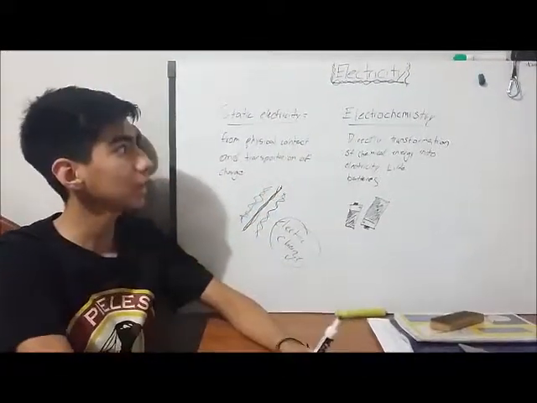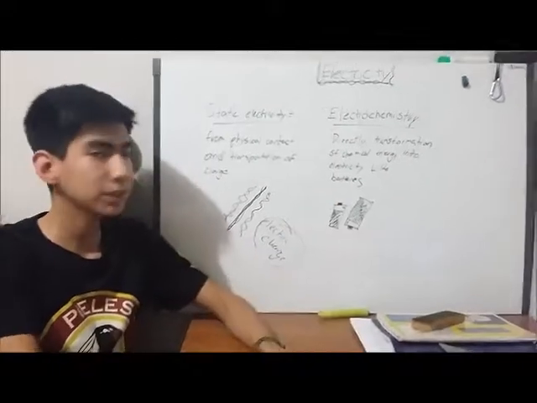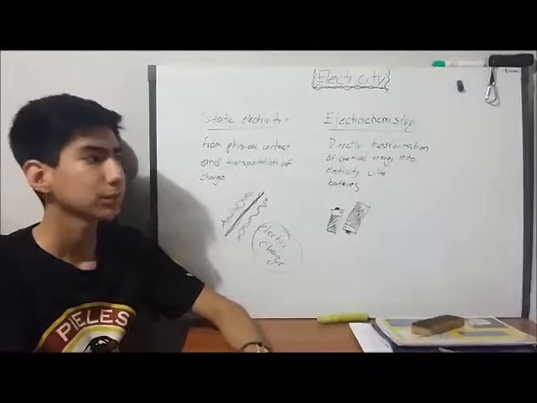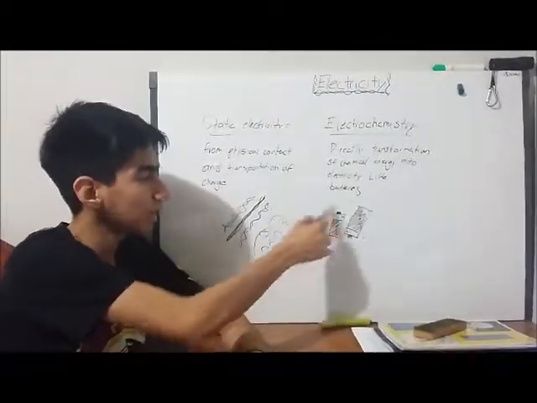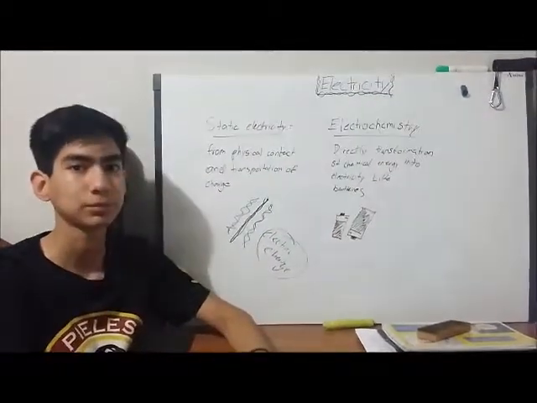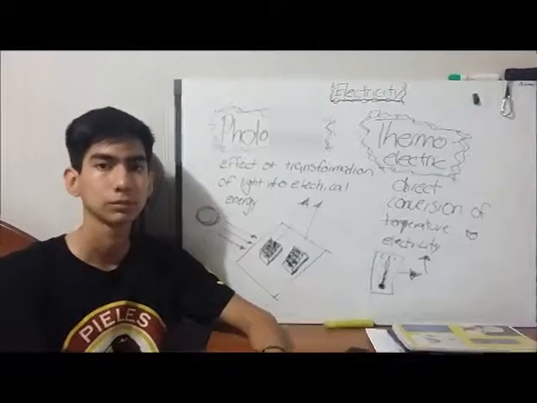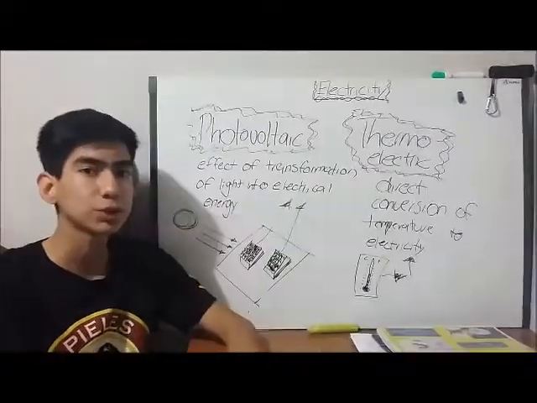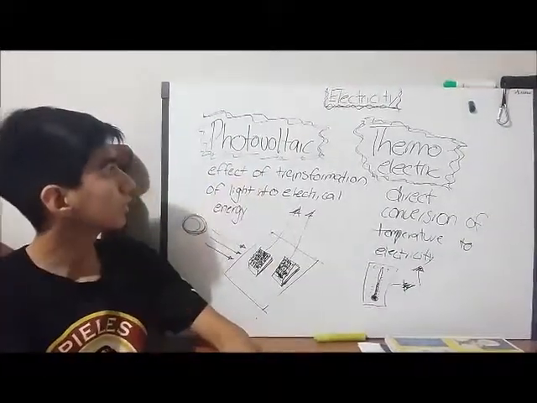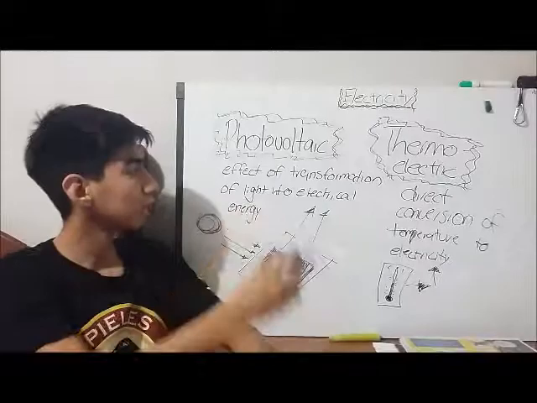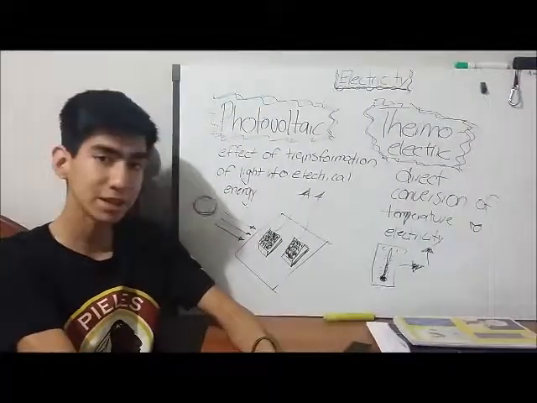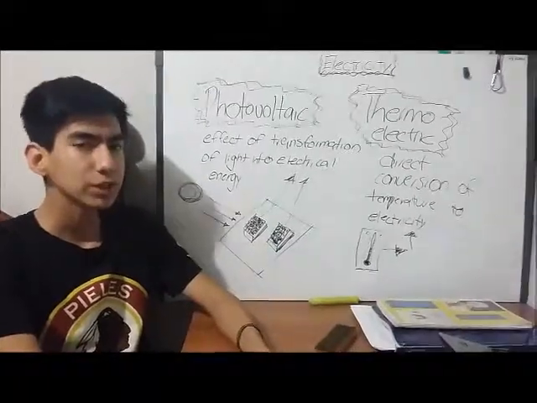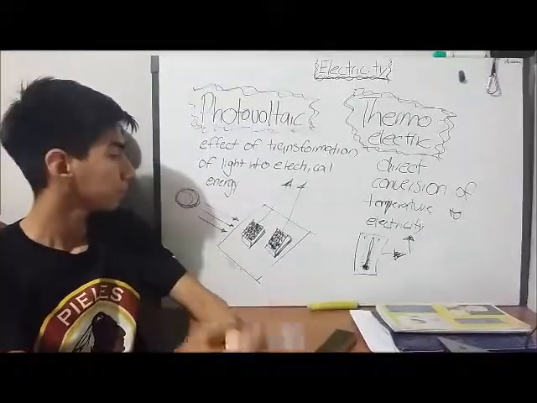The next is electrochemistry, the direct transformation of chemicals to electricity. An example is the batteries. Then there is the photovoltaic effect, the transformation of light into electrical energy. A good example is the solar panels.